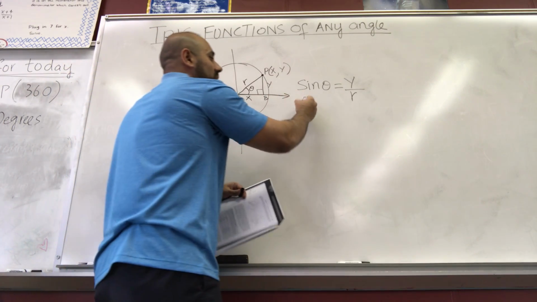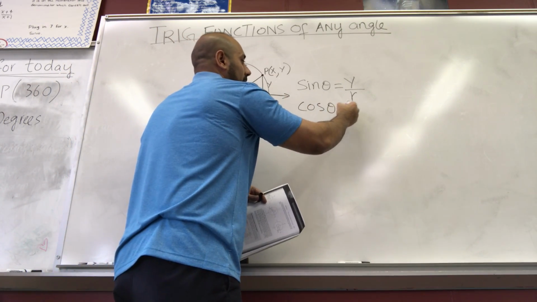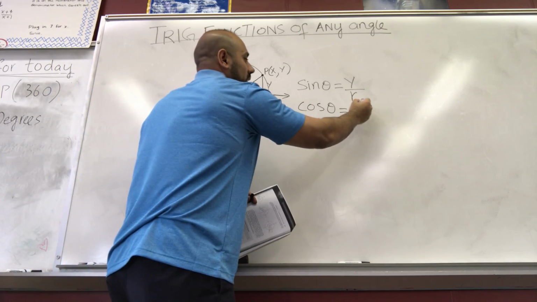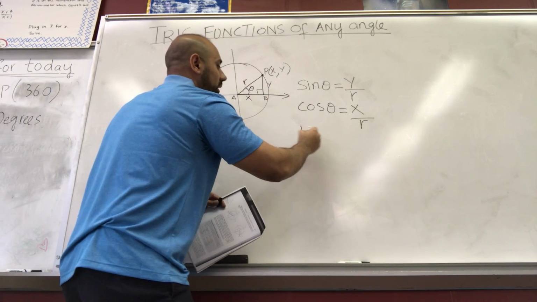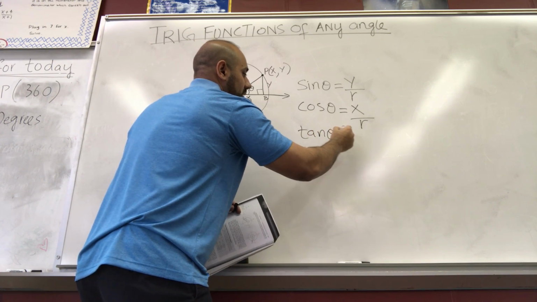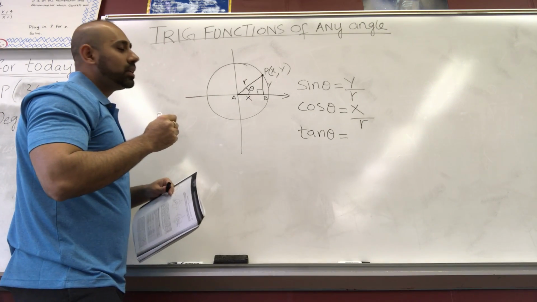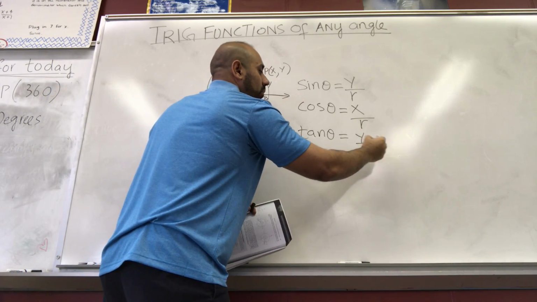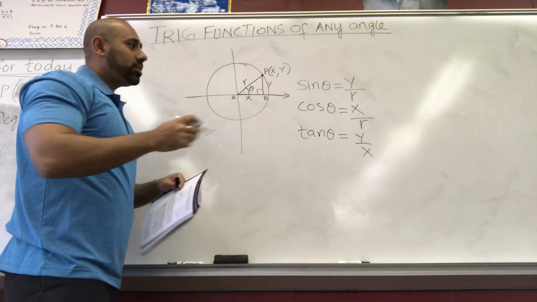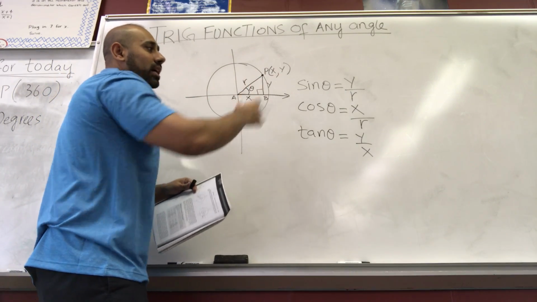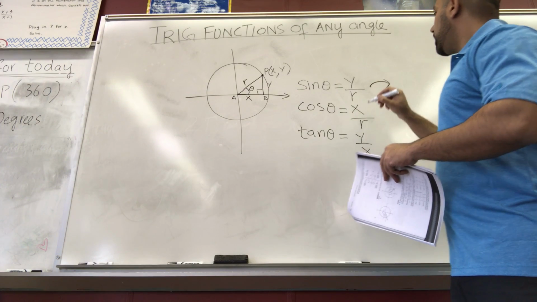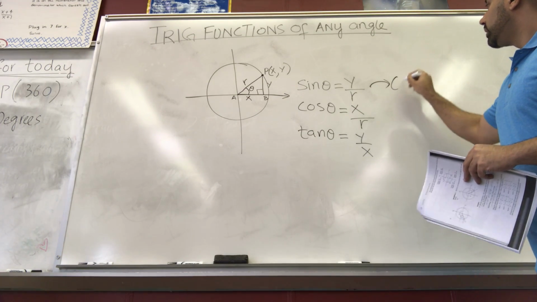So similarly, can you tell me what would be the cosine for this triangle? X over r, good. And similarly, the third trig function, the tangent of the angle, in this case would be y over x. So if we have these three, based on that we can write the reciprocals of those three. What is the reciprocal of sine?